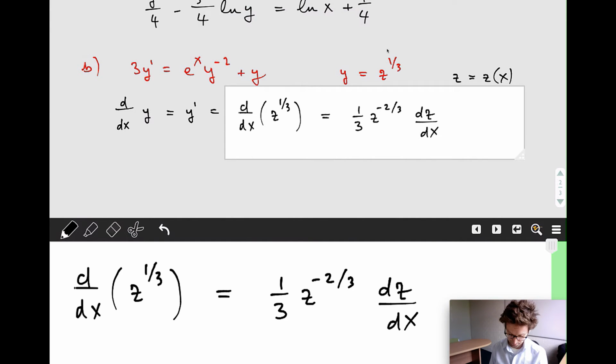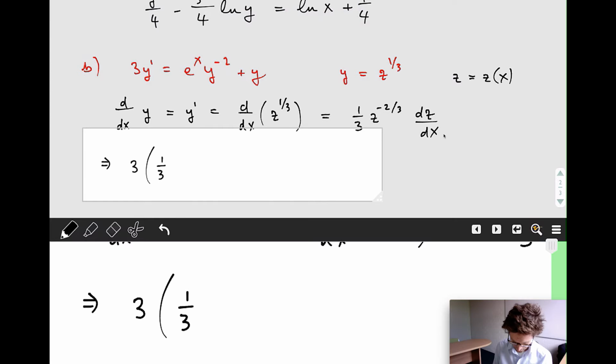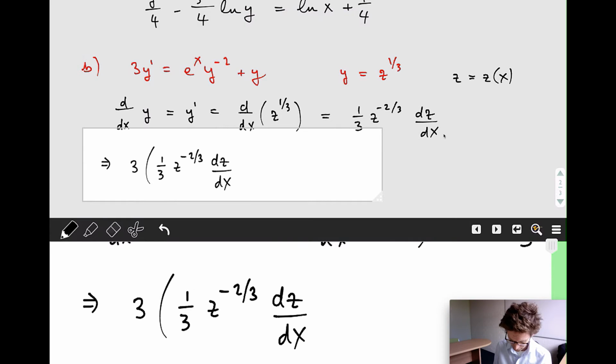So now I have both y as a function of z, and y prime as a function of z and dz dx. So let's substitute those into my original ordinary differential equation. I've got 3 times y prime, so y prime was 1/3 z to the minus 2/3 dz dx, equal to e to the x y squared plus y to the minus 2.